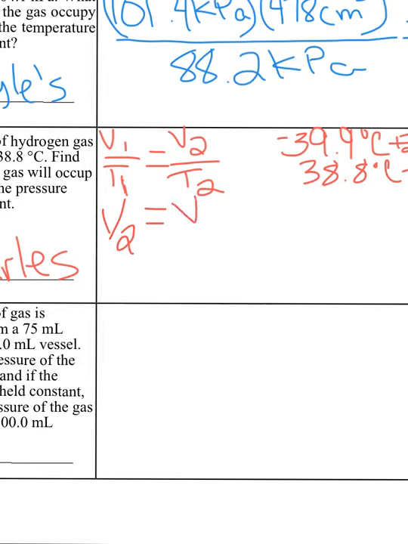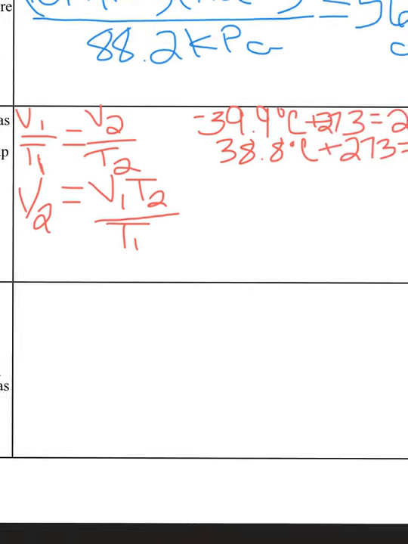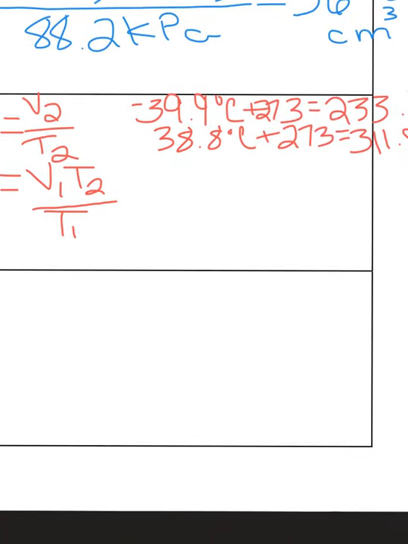So we're going to end up with V1 times T2 divided by T1. So now we know what our 1s are. We know what our 2 is. So we just plug everything in. So let me scoot over and let's just plug everything in here.